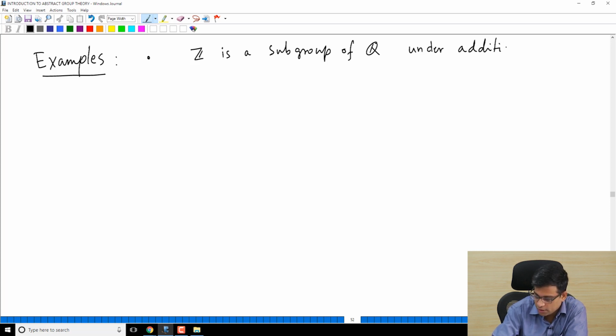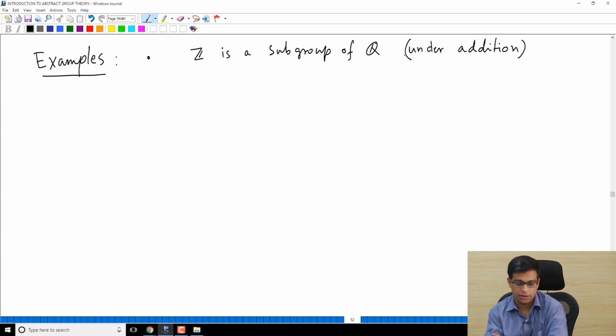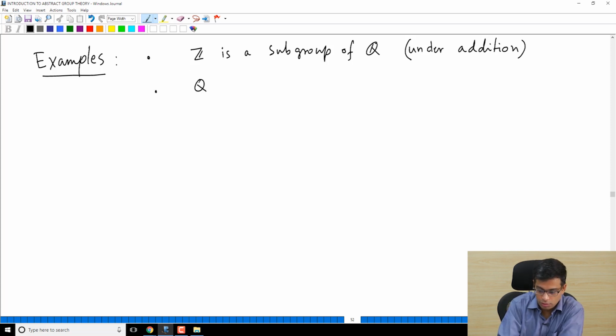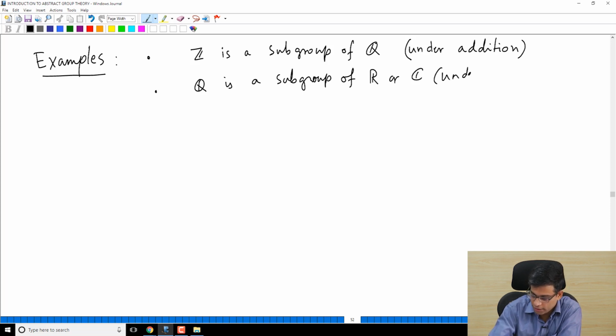So, this is obvious, because under addition Q is a group to begin with, Z is closed under addition, it has 0 and it has inverses. Okay. So, similarly Q is a subgroup of R or C, again under addition.